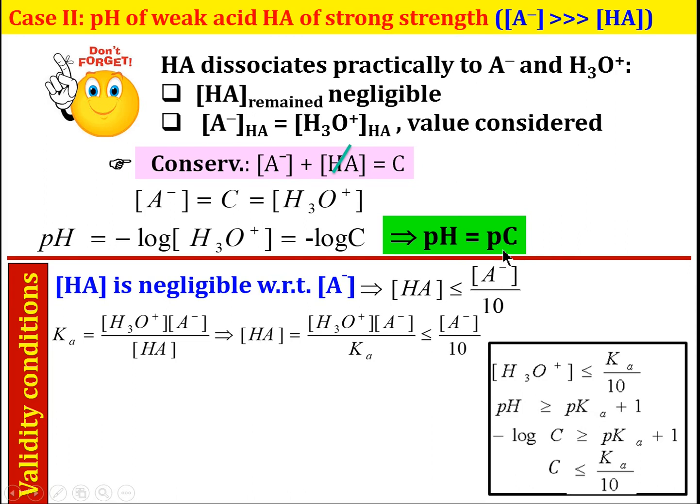Now what is the validity condition for the concentration? As we saw, pH equals minus log C. We replace pH by minus log C, so minus log C is greater than or equal to pKa plus 1, or in other words, the concentration C is less than or equal to Ka divided by 10.